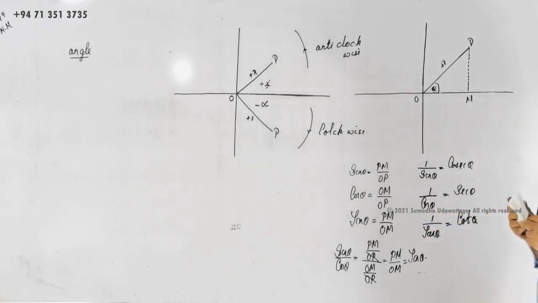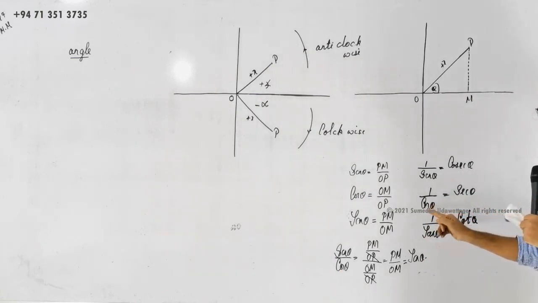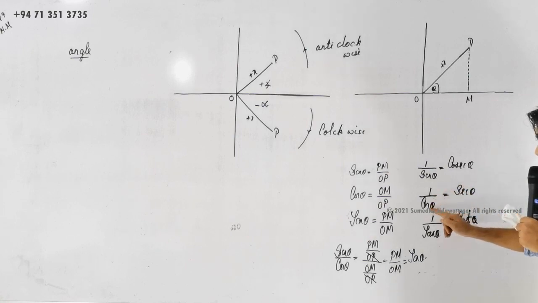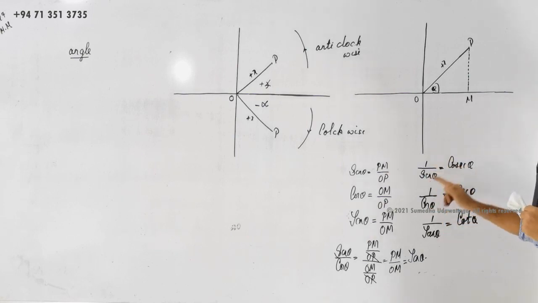You just keep in your mind cosec. 1 over cos theta is sec theta, and 1 over sin theta is cosec theta.